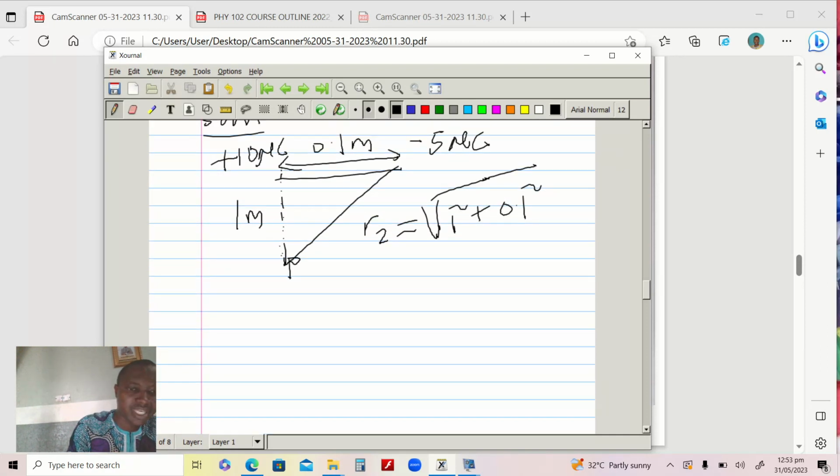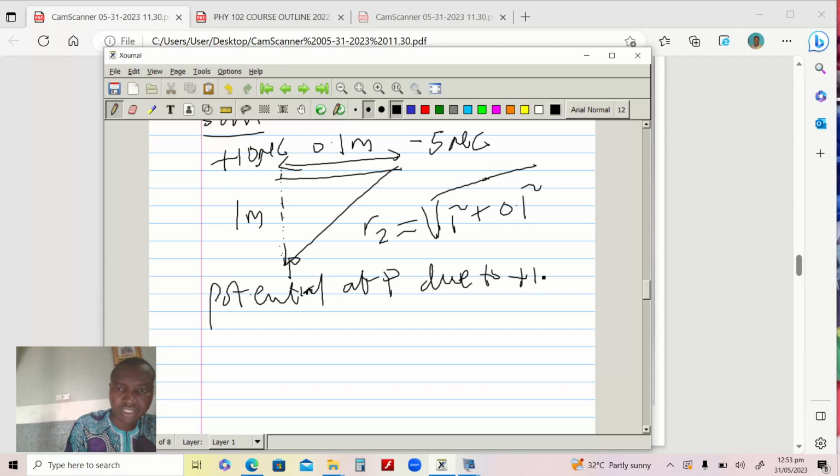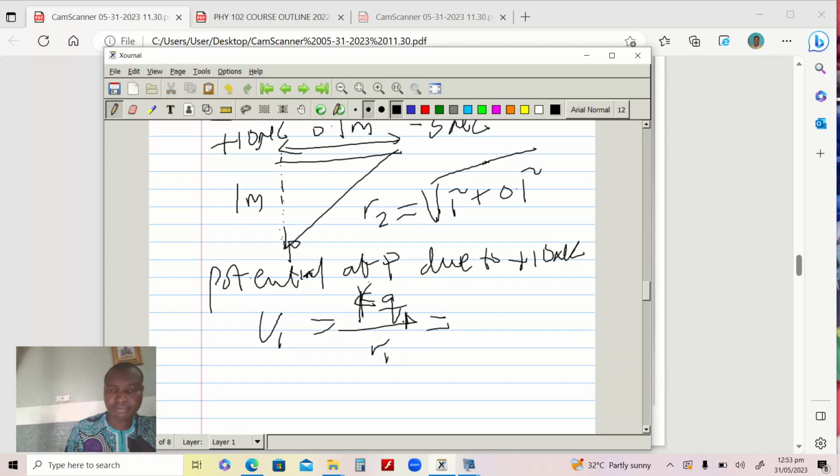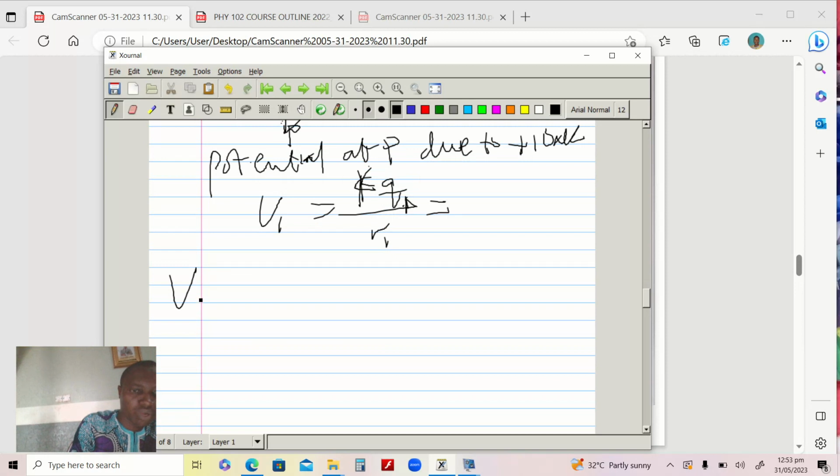Then the potential at P due to the plus 10 microcoulomb charge, let's call that V1, is equal to K Q1 divided by R1.